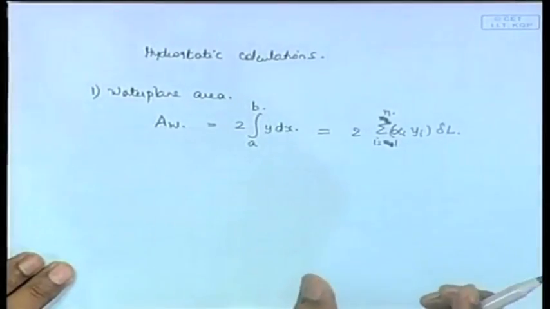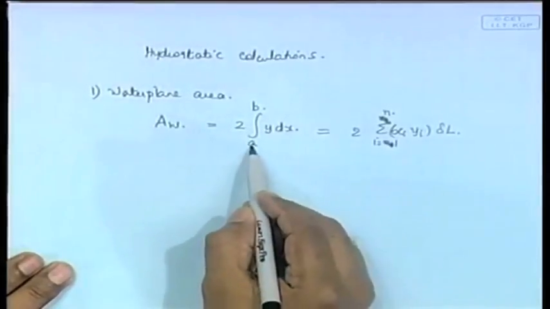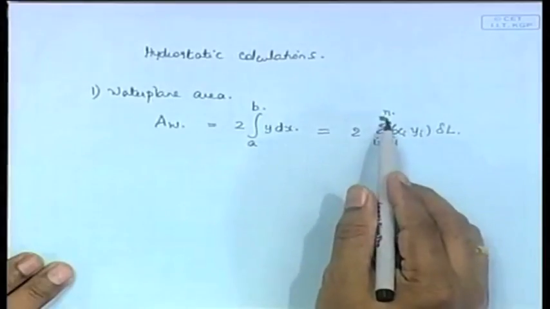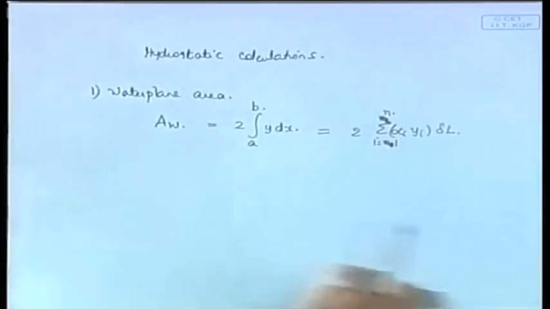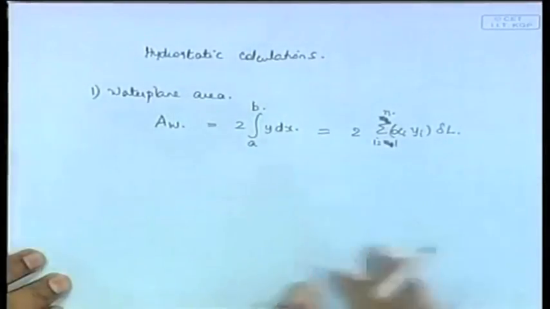So, x is going from 0 to L, the total length of the ship. In this case it goes from station 1 to the last station, or the station at the aft to the station at the forward point. So, that will give you the total water plane area.